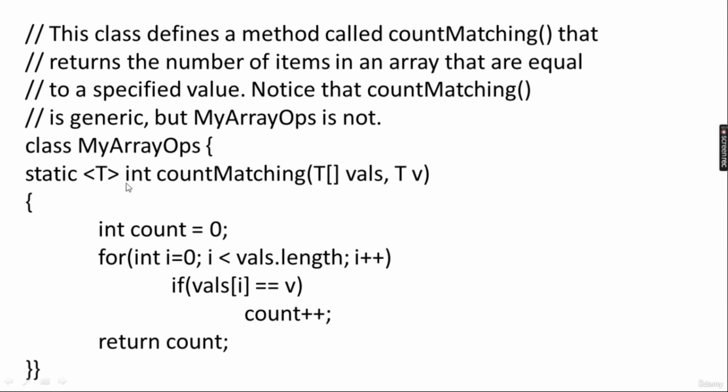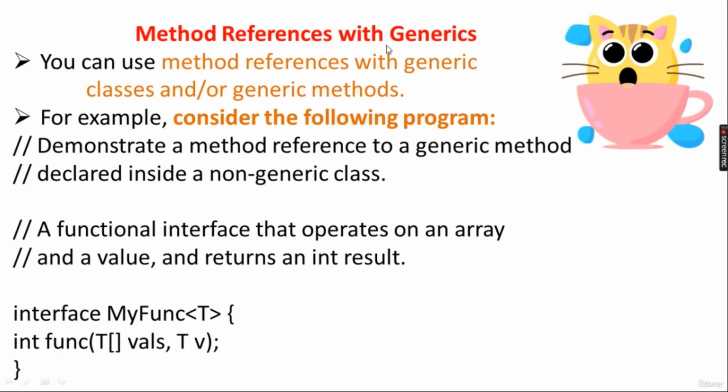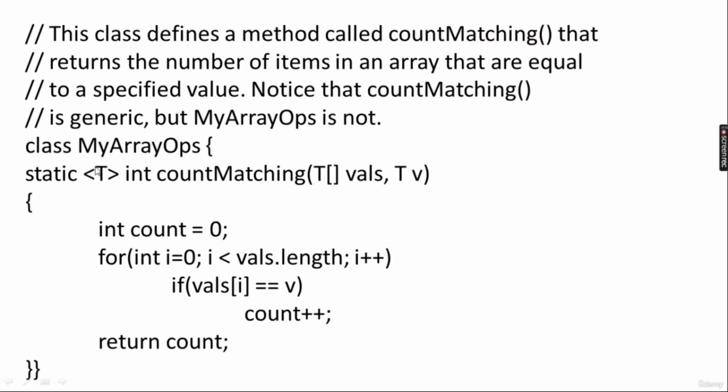Return type is not T. Return type is int. But the array type is what we are passing, and the type of the value that we will be finding in the array will be T. So if we pass a string array, we will be finding a string value in that array. When we call a method reference to a generic method, with generic classes and generic methods, we will be passing the type.